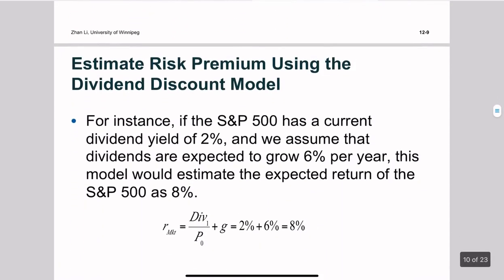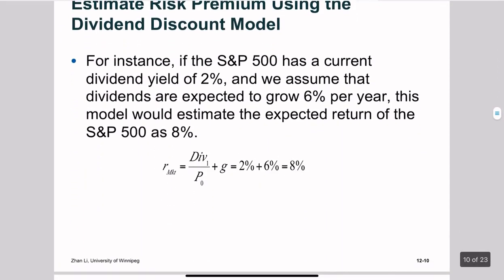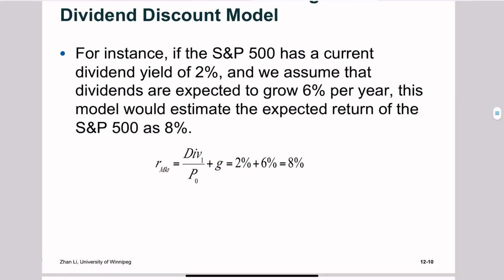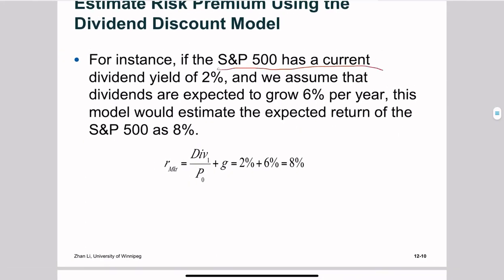So let's see this example here. Let's say you're in the US, and you're trying to estimate the expected return of the S&P 500 index. Let's say this has a dividend yield of 2%. Generally, in reality, you could actually get this number.